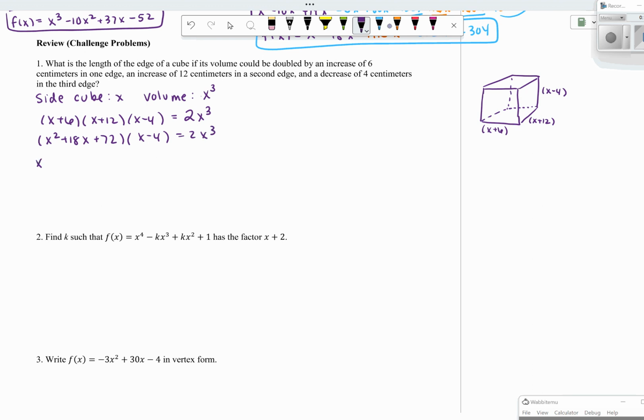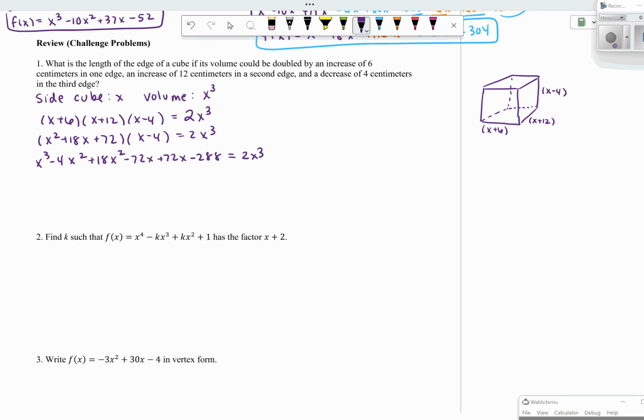That would be x cubed minus 4x squared, and then plus 18x squared. Minus 72x. And then plus 72x minus 288 equals 2x cubed.